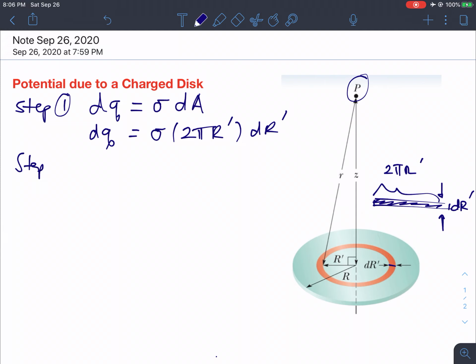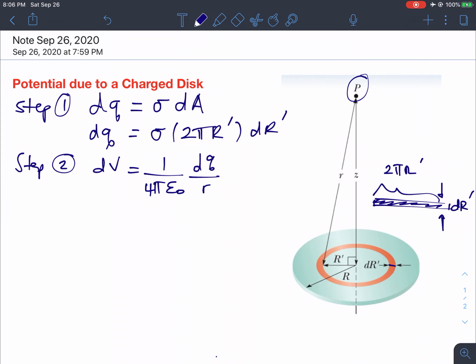In step 2, we write the potential. I'm going to write that k, which was 1 over 4 pi epsilon naught. V is kq over r, right? Since you're writing dV, and since it is a charge distribution, not a point charge, you need to write your q in terms of dq.